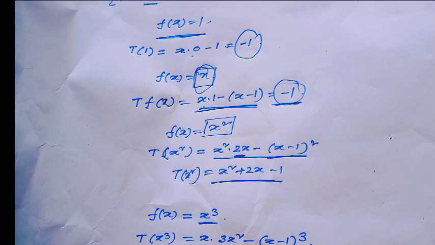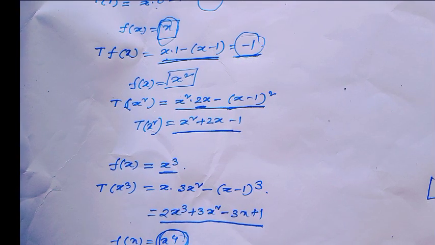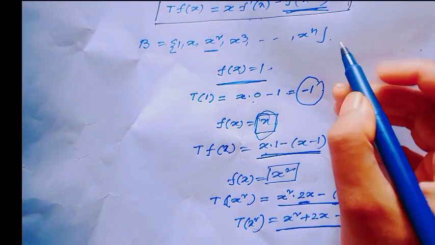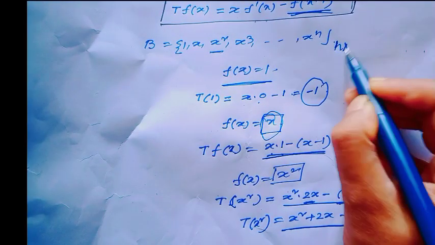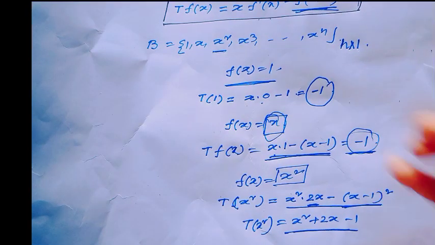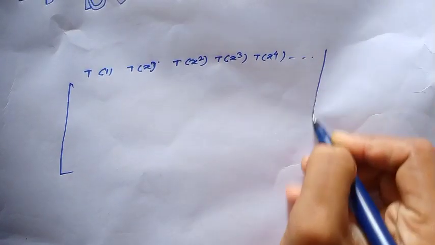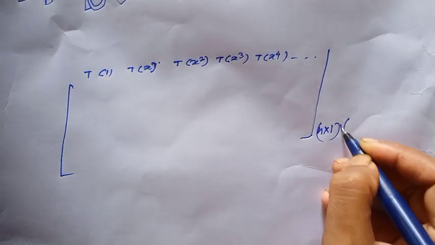Then the matrix representation of T: obviously the order of the matrix representation would be n plus 1, because the basis vectors are 1, x square, up to x to the power n. That means this order would be n plus 1 by n plus 1.